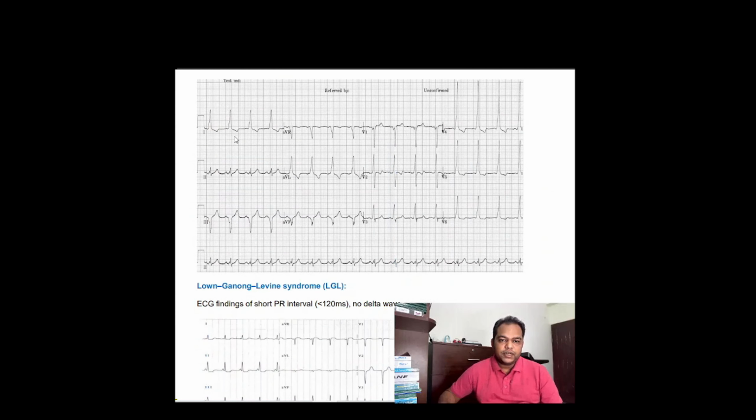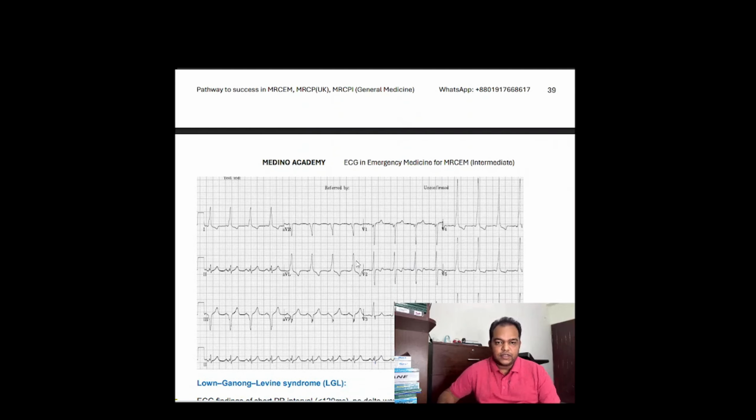You can appreciate here the positive deflection in lead 1 and the negative deflection in aVF, which represents left axis deviation. There are also slurring upstrokes of the QRS complexes, and the short PR interval is also present here.